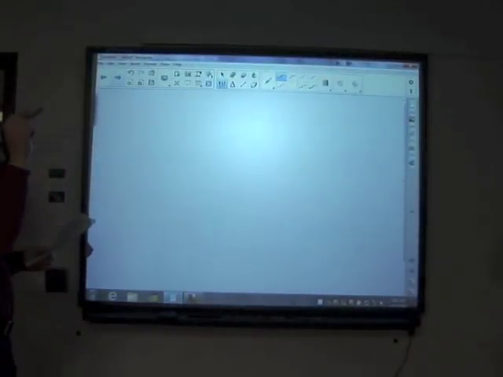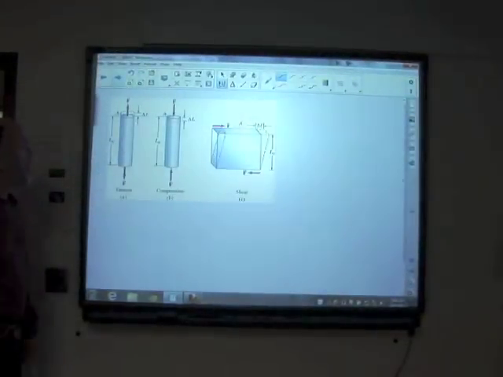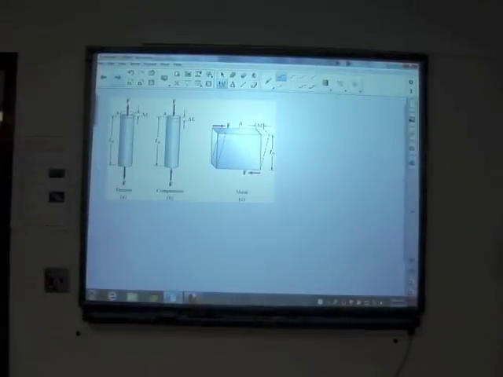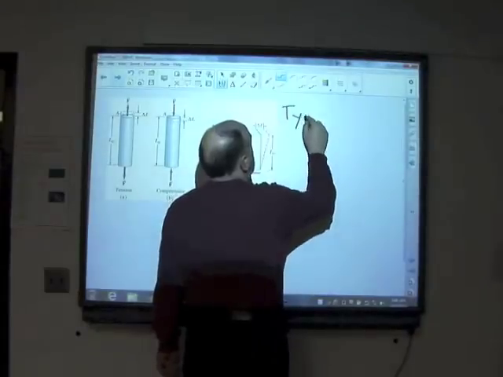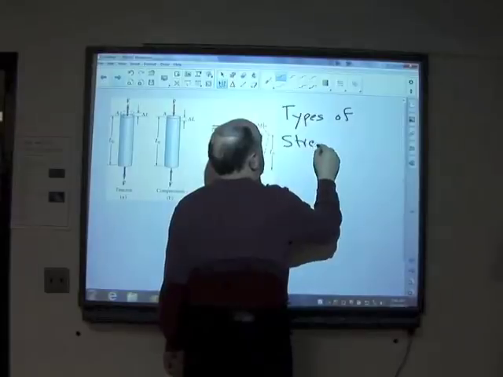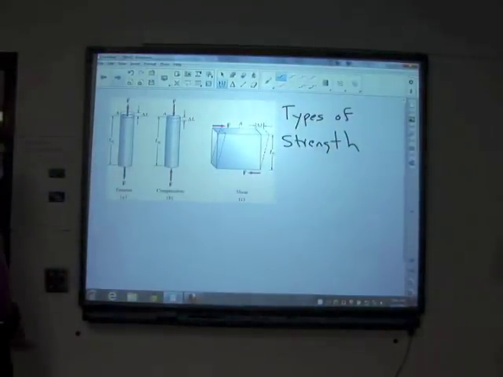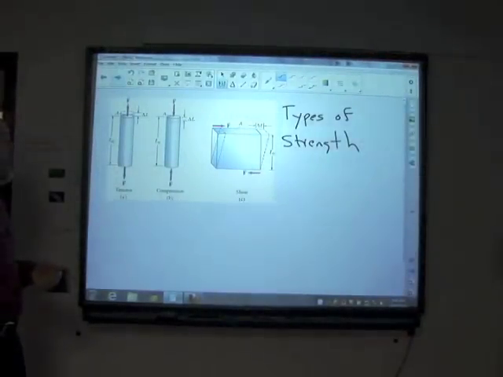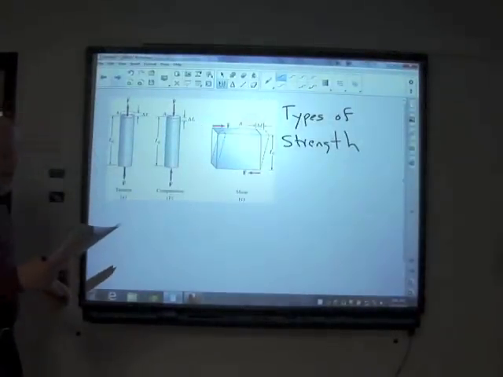We can also look in terms of types of strengths. Types of strengths are given in terms of three things: tensile strength, so basically pulling on either end, compression, so pushing down, and shear, which is basically a twisting of our system.